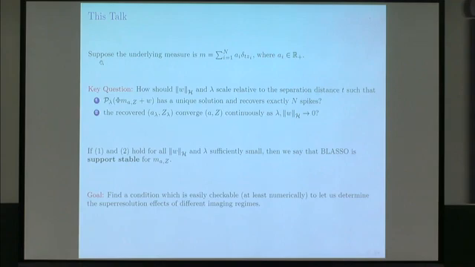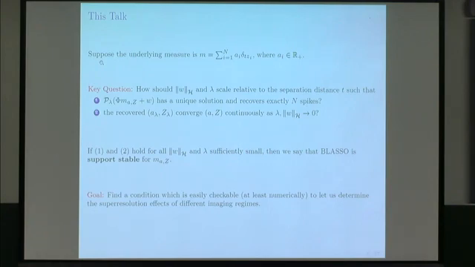And so now in this talk, what we'll do is look at recovering a positive discrete measure. And the questions that we're going to address are as follows. How should my noise and regularization parameters scale relative to the separation distance between my spikes, such that, firstly, our regularized solution has a unique solution, and such that we can recover exactly n spikes.